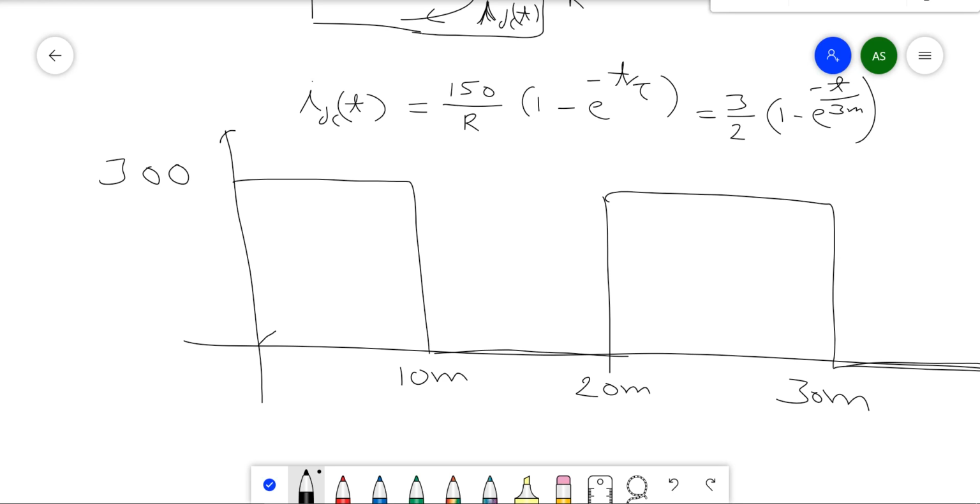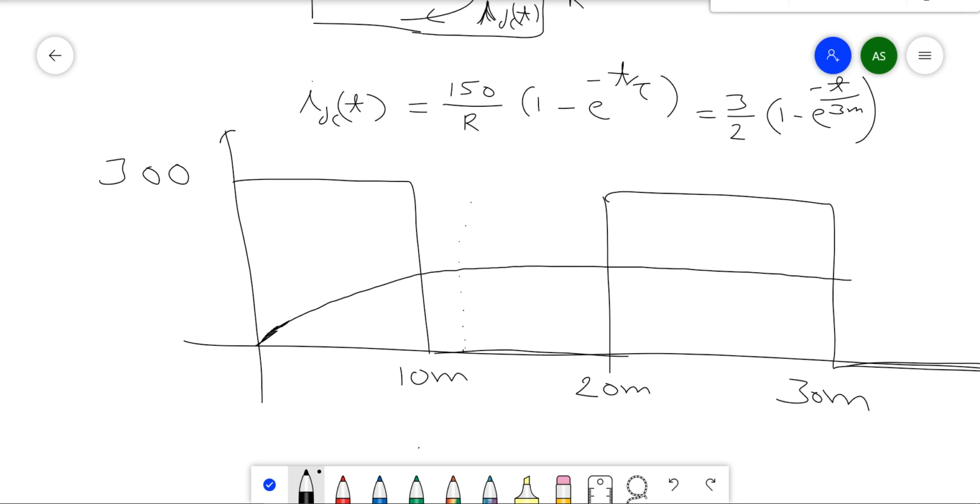So by 12 millisecond it will already be reaching, so 12 millisecond will be somewhat like this. So by this time you should be careful that the DC current will be like this.